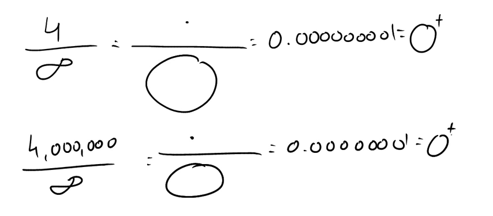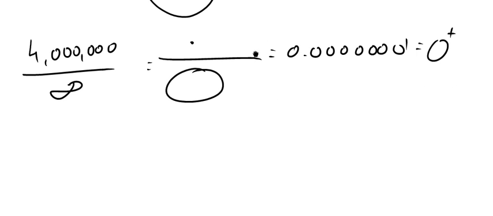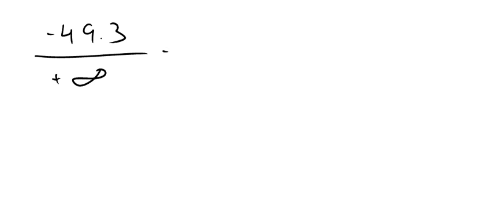And again, if you have troubles with the signs, well, basically just don't. For example, if I have negative 49.3 over positive infinity, again, infinity fits into 49.3 times. It almost doesn't fit in, so it's 0.